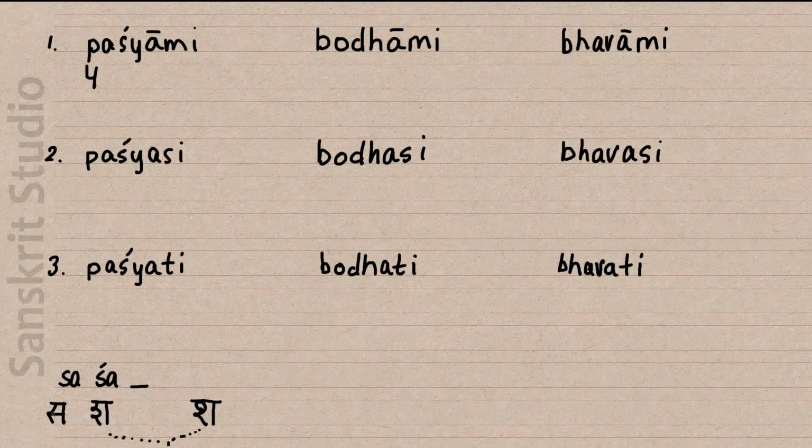So this is sa down here, sha, this one here, but we don't have sha here, we just have the sh sound on its own. So we have pa here, and then we have to just use the left part of the sha, namely this part here, and skip the vertical stroke here, so that we just continue with the ya sound here.